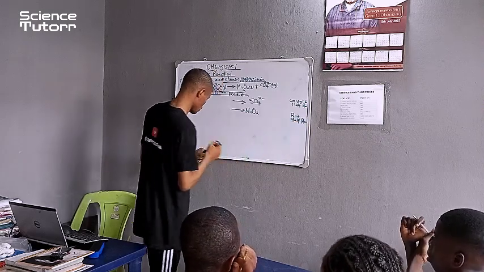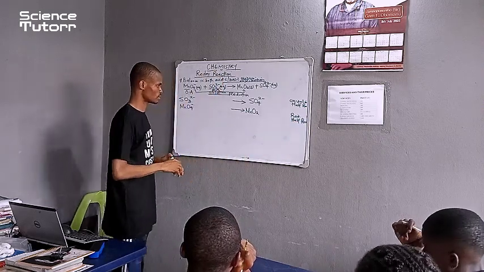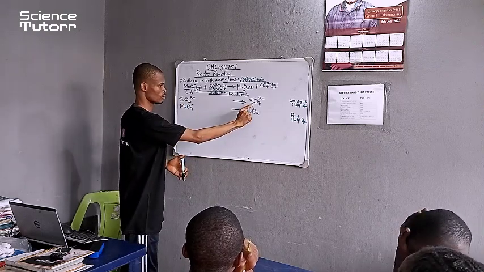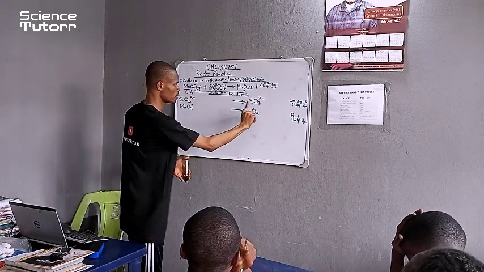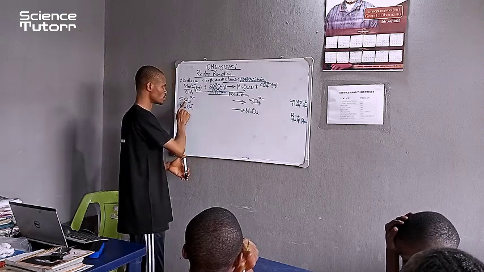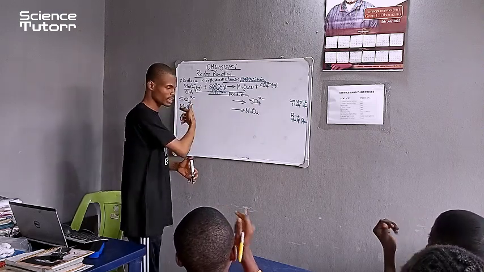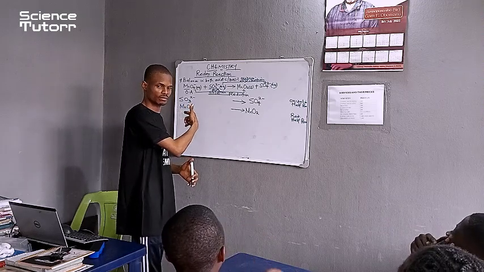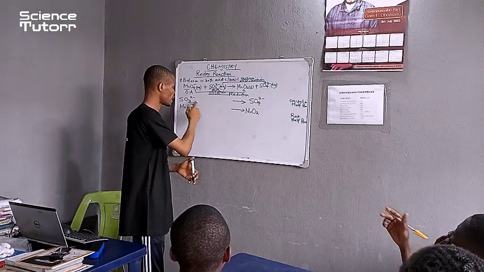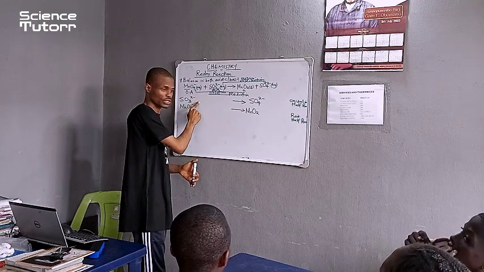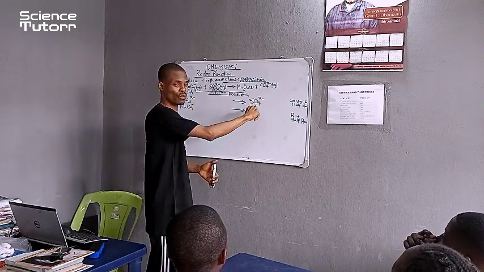Let's begin balancing. How many sulfur? Balanced. How many oxygen? Where do we add water? Why this side? It is this side because we have less oxygen here. We don't add on this side because here you have more oxygen.